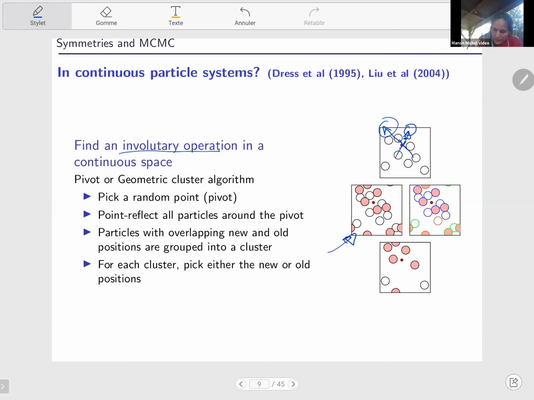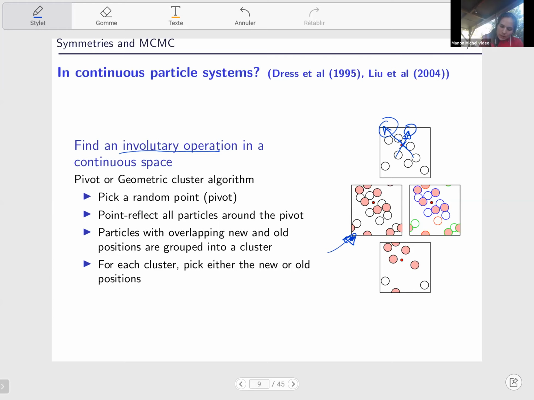Here you can see the cluster of flipped particles and the initial one, and then depending on the overlap, you will choose or not a cluster. And this was also very efficient in some types of system, but it is a very specific algorithm, and very quickly if you're in a dense system, for instance just a typical hard sphere model, it will not be so efficient because you'll be spending your time making moves that are actually rejected.